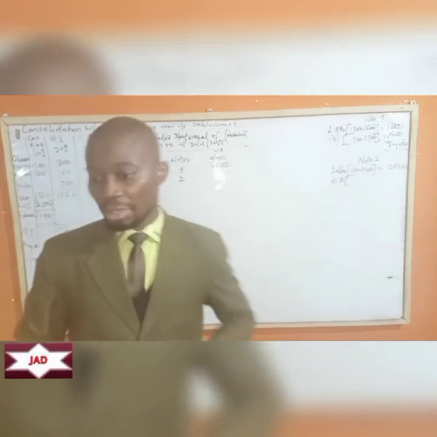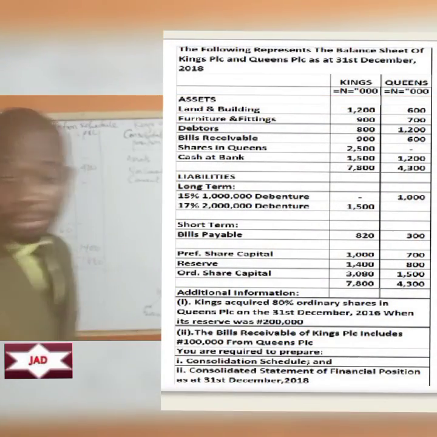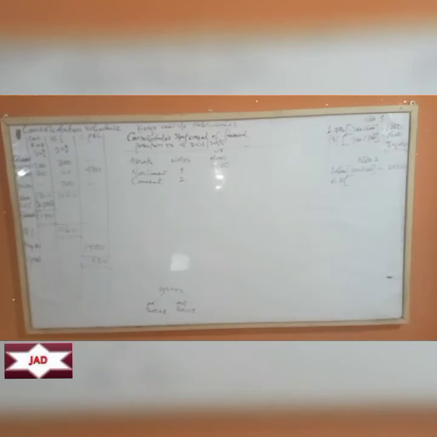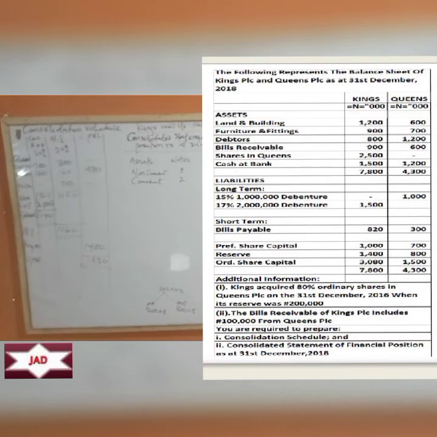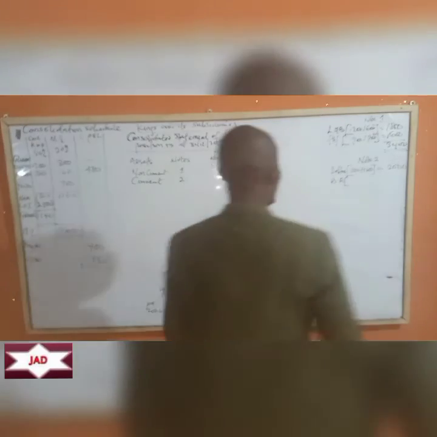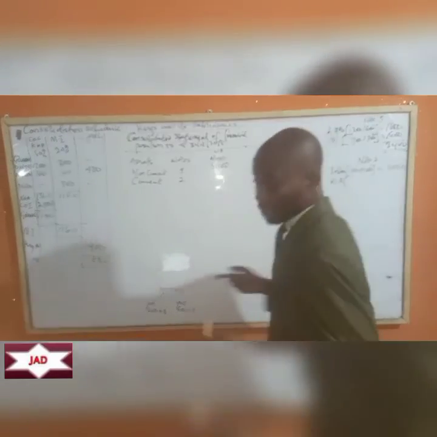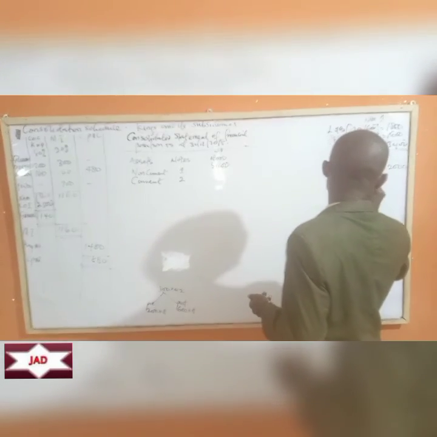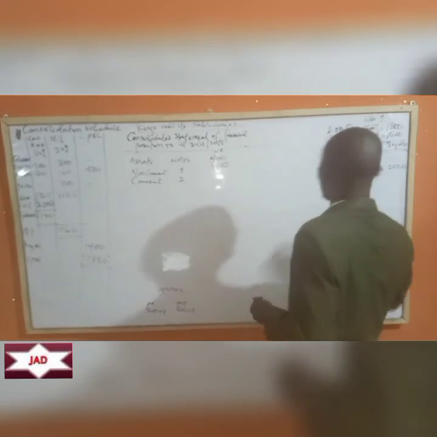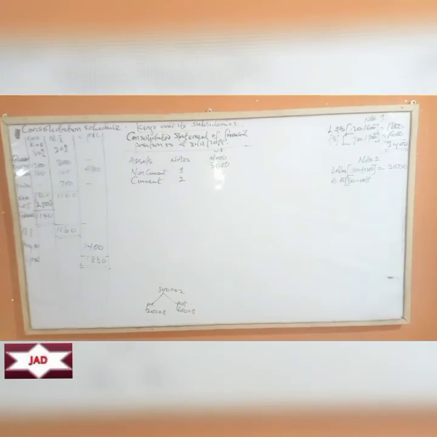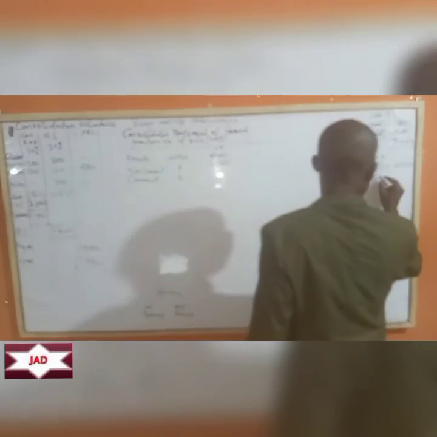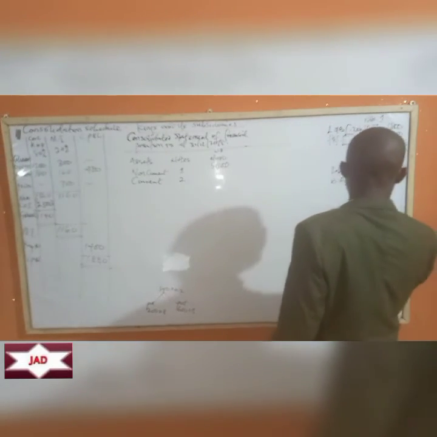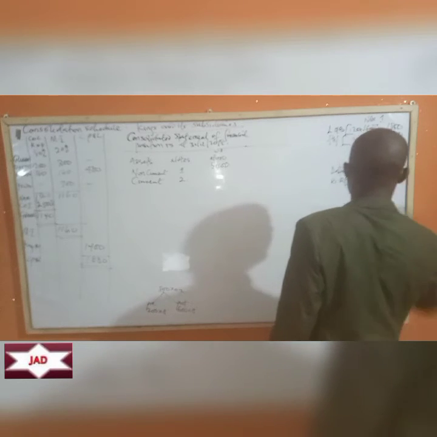So the receivable of the holding company will be 900 minus 100, that's 800, right? Plus the subsidiary's bills receivable of 600. So 800 plus 600, I think that's 1,400.